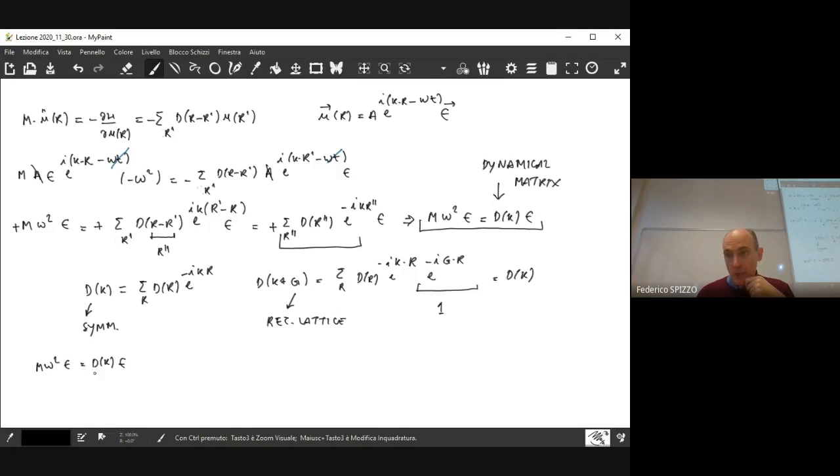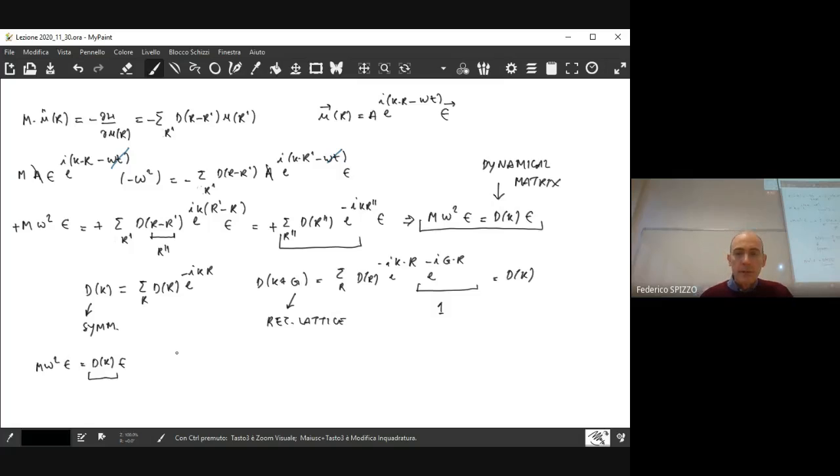If that matrix was also real, then we could apply the spectral theorem and conclude that D of k has always three solutions that are three orthogonal vectors in space. So at the moment, we don't know if D of k is real or complex, because going back to the definition, we have a phase. So in principle, D of k may be a complex matrix.